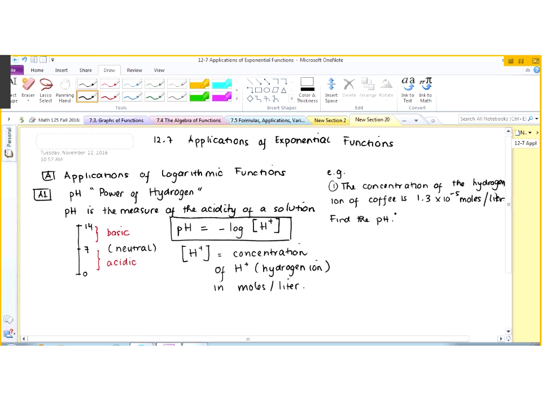So, how would you answer this? Well, that's easy, right? pH is equal to negative log of the concentration of H plus. What is given here? We're given the concentration of H plus. So pH is equal to negative log of 1.3 times 10 to the negative 5.